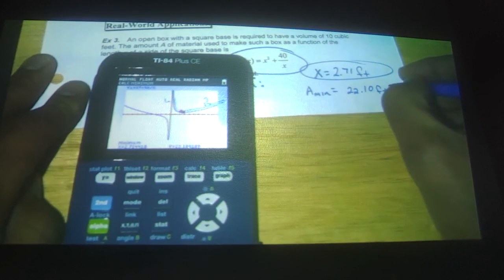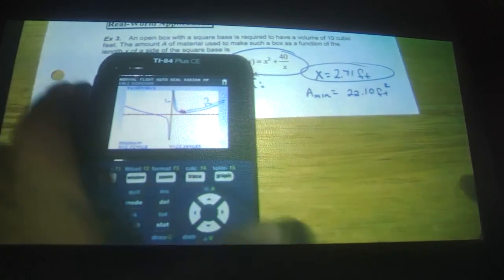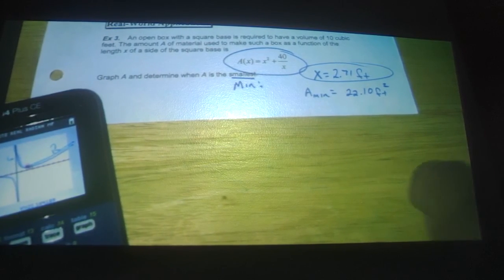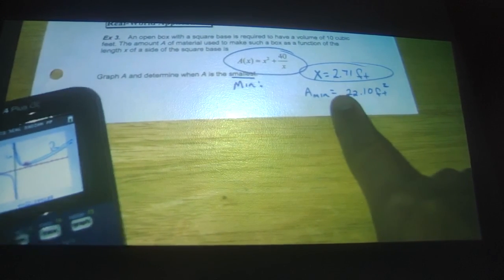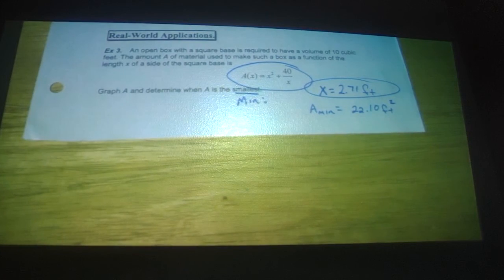So feet. So area would be squared. We're talking about A is for area. On the material, we're talking about a square footage of probably cardboard.